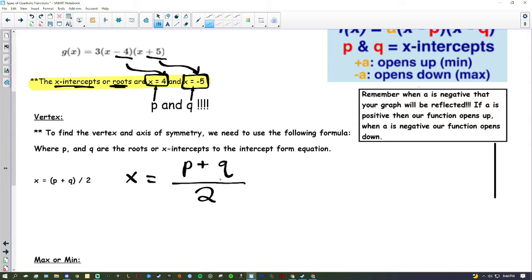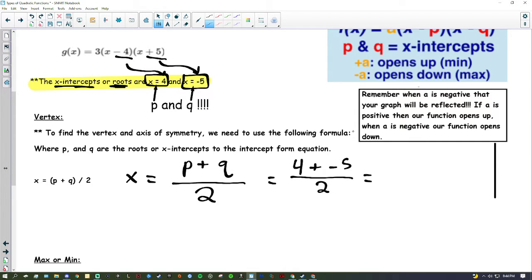The reason we're adding them and dividing by 2 is because we know the vertex is going to be right in the middle. So this is going to help us find our x value. So let's plug in P and Q. So P was 4. Q was negative 5, so plus negative 5, all over 2.